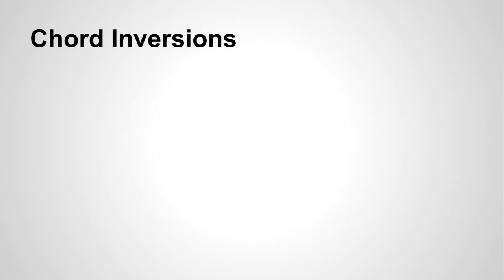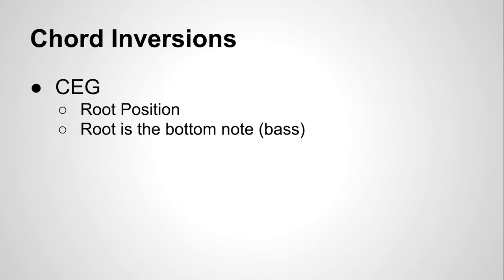So now, how does this apply to inversions? Well, let's spell the chords and give a few examples now. C-E-G, that's how we've most commonly spelled this chord. In this case, we call this root position because the root is the first note I stated. It will be in the bass line, C-E-G. What if I spell the chord E-G-C?